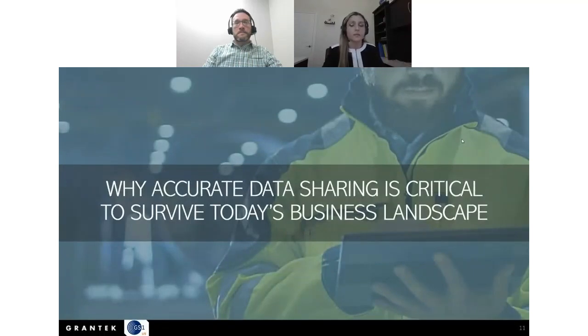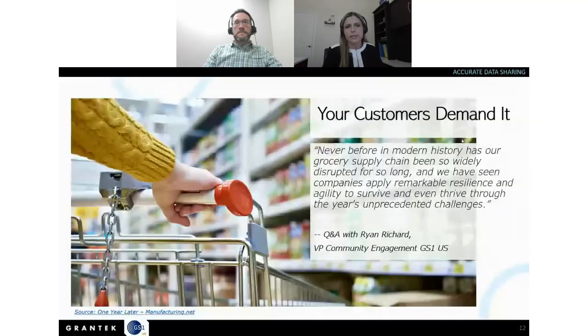Now, why is this important, right? And those of you that know me know I can talk about this for hours. So I'm just going to go through 3 important things and main reasons why data sharing, but not only that, but it being accurate is so important. So first is our customers are demanding it. Customers are not really looking to order a product and get the wrong one, right?